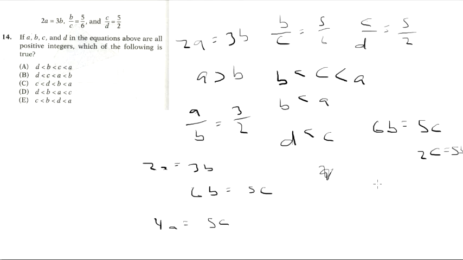So 12b equals 25d. Okay, so it only takes 12 b's to get 25 d's, which means that d is less than b. So d, b, c, a. D, b, c, a gives us this answer.